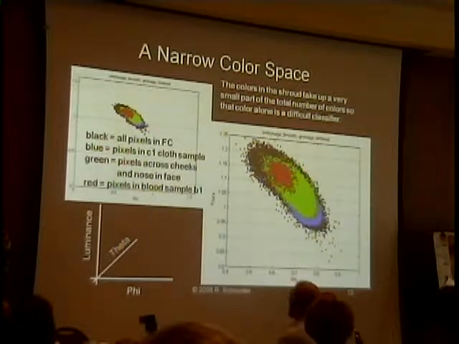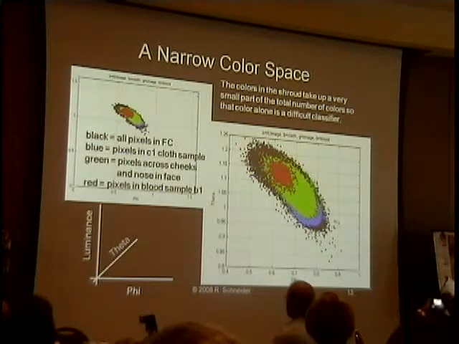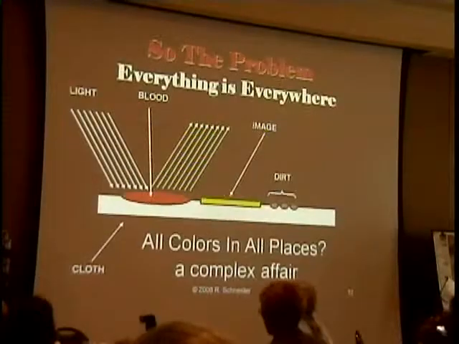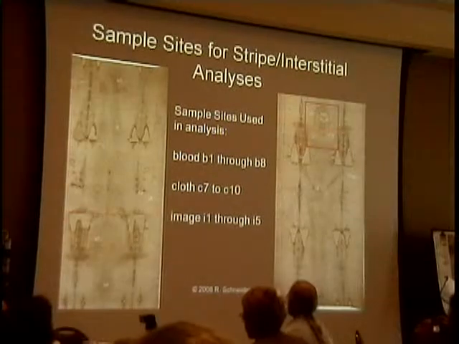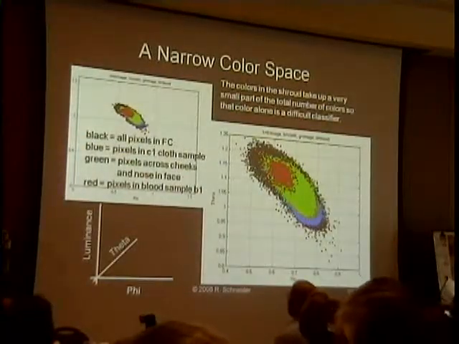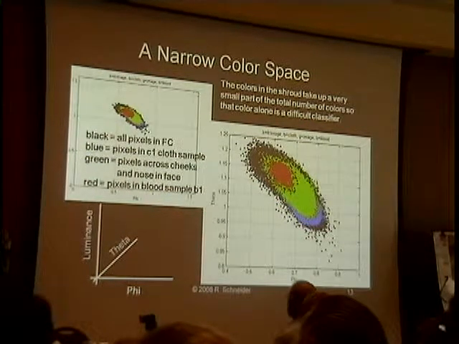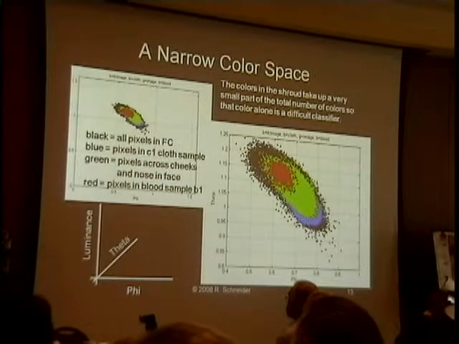Okay, here's some samples. The black pixels are all the color samples in the face crop image. The face crop image, if you might remember, is this guy. So that's all the pixels in the black. This is the whole color space, all the colors you can represent. The Shroud doesn't cover very much of the color space, pretty narrow.